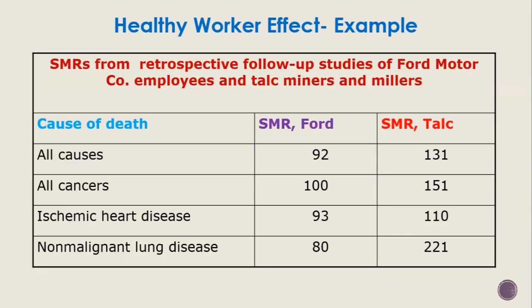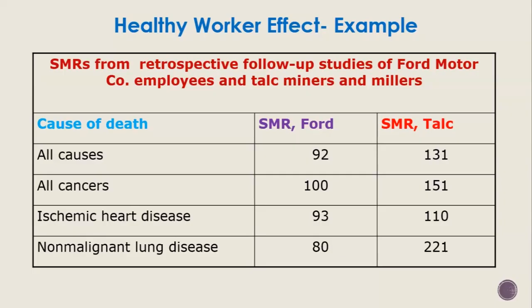And any place where you find workers are dying at a much higher rate than in the general population, it means that there is something at work that is killing the workers.